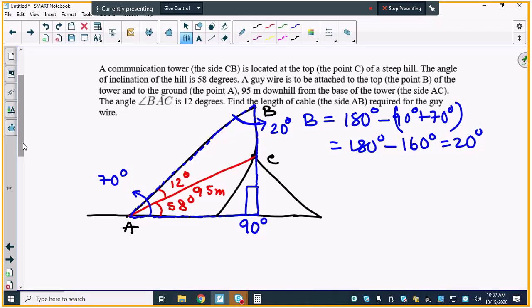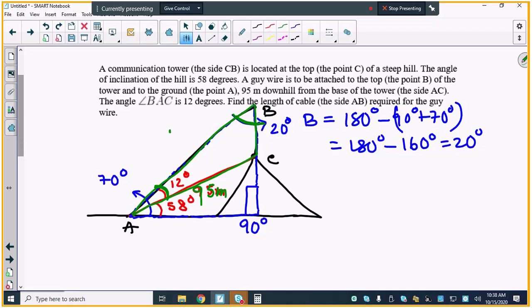Then forget about the right angle triangle, because in our problem we are going to look at the triangle that I am assigning the color green now. So we know this angle is 12 degrees. We know this angle is 20 degrees. We know this side is 95 miles.